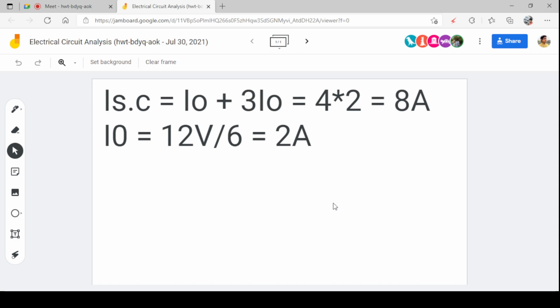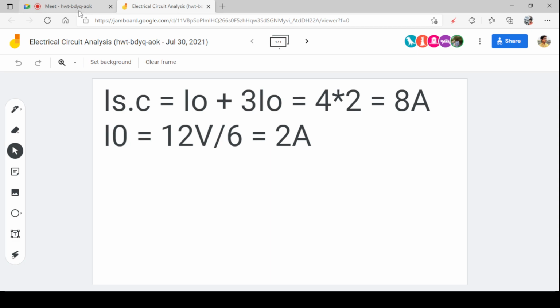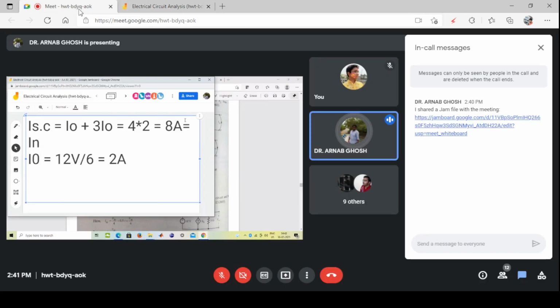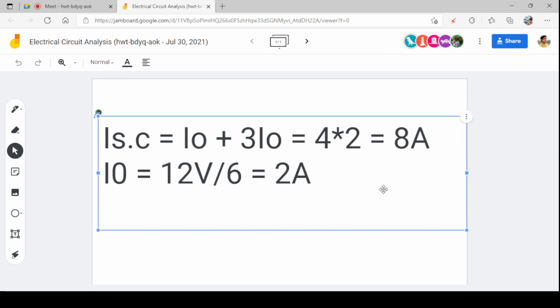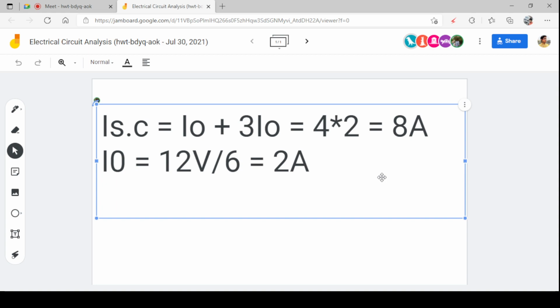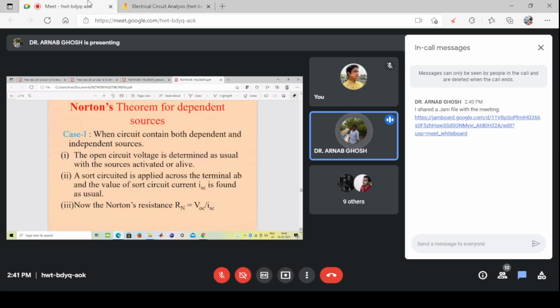Okay, now this is your Norton's current, so this will be equal to IN. Now you have to find out the resistance. So what was Norton's theorem for dependent sources?